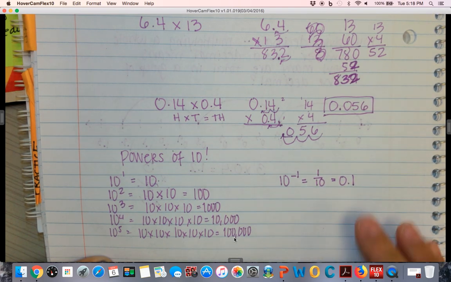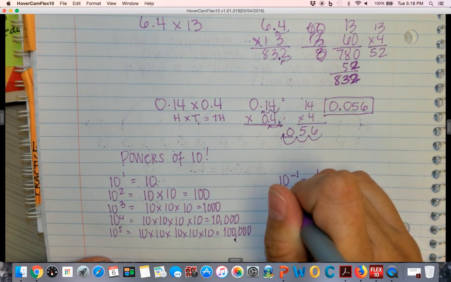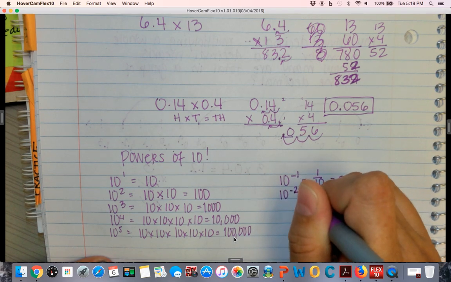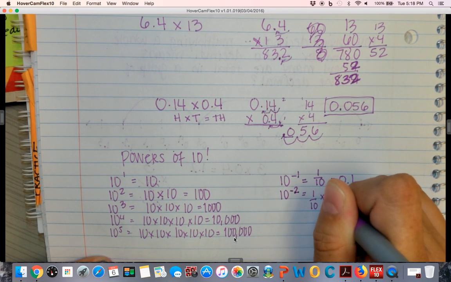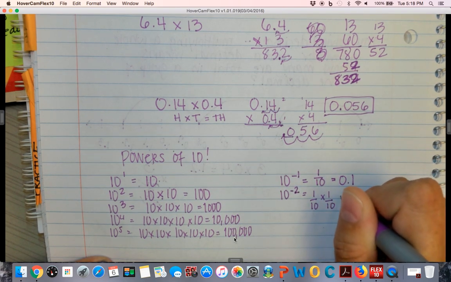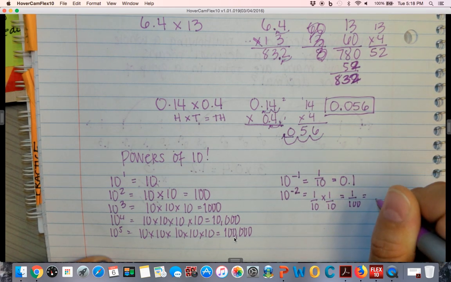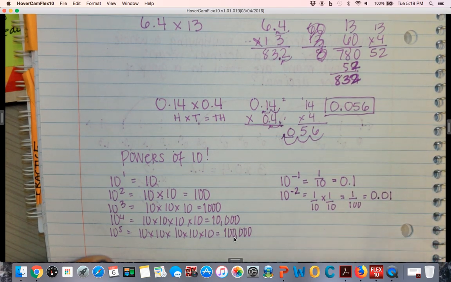Look, it's just backwards with the decimal place. 10 to the power of negative 2 is 1/10 times 1/10, which is 1/100th, which is the same as 0.01.